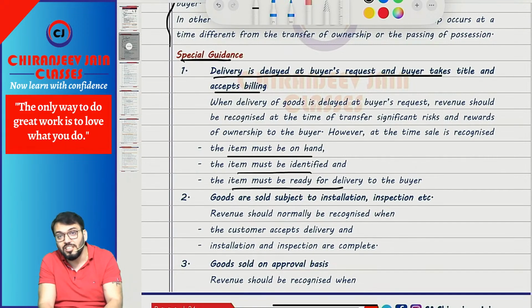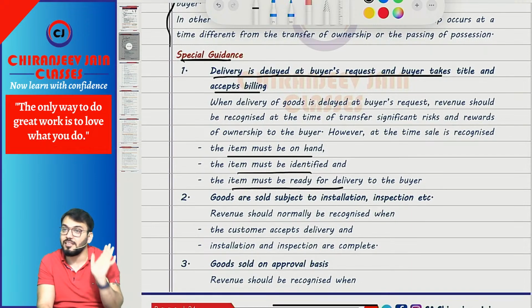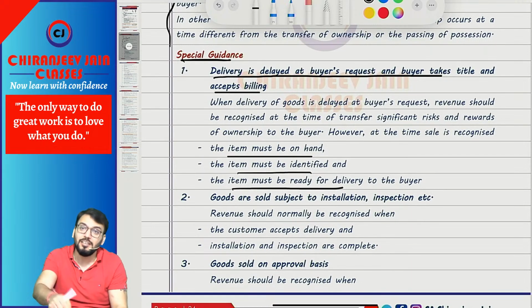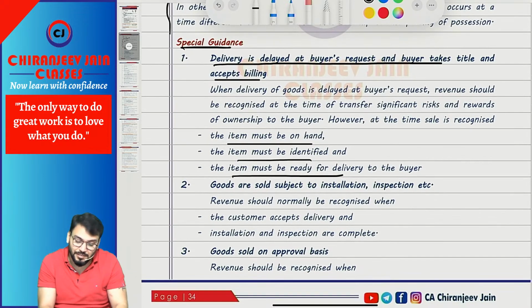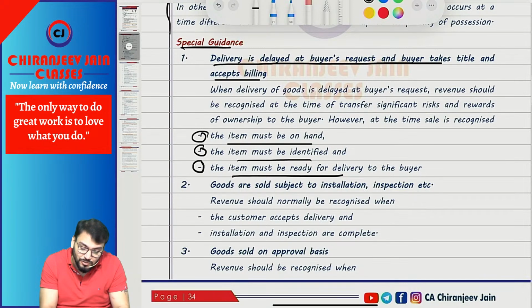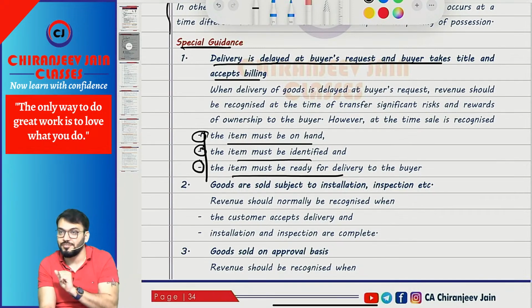If all these three conditions exist on the date of billing or invoicing, it means risk and reward has been transferred, control has been transferred, and revenue should be recognized. Revenue should be recognized even though the seller is holding goods on behalf of the customer. Correct? Understood these three conditions. In the exam you should write down these three conditions. If you are not writing these three conditions, they will not give marks.